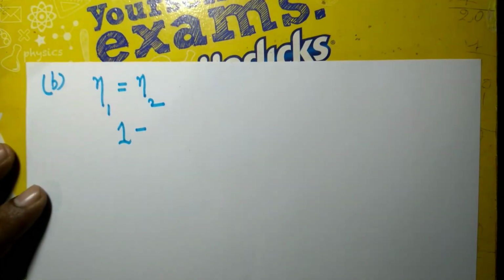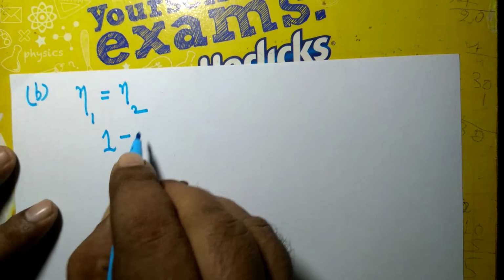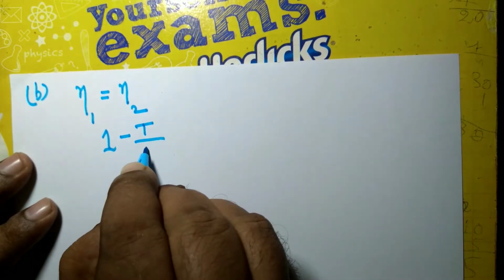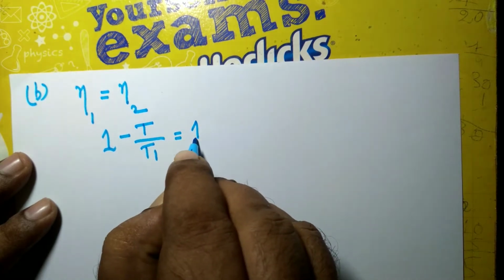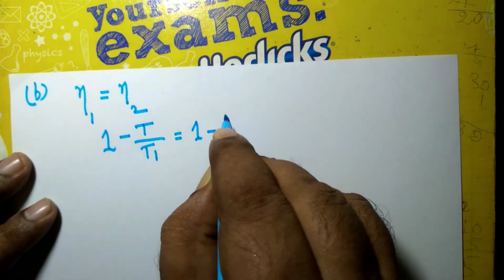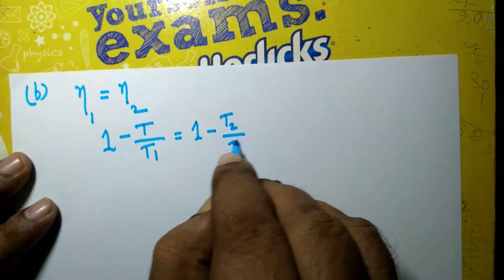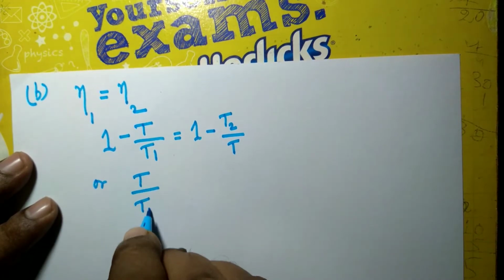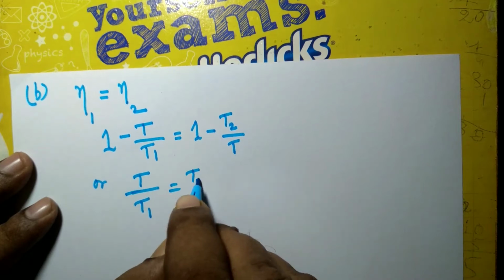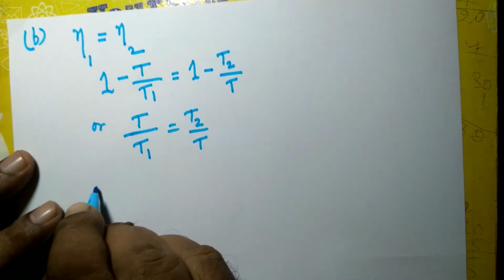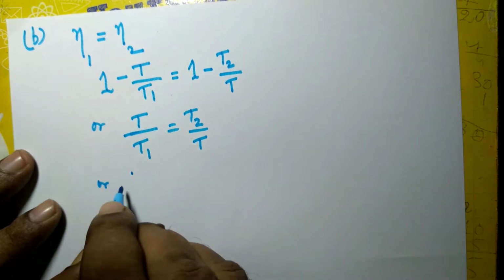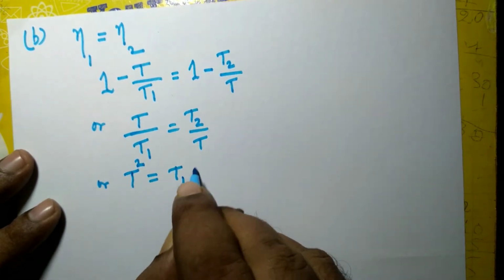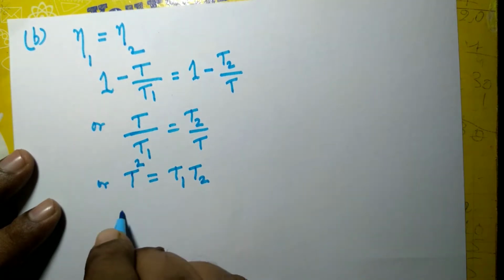So that's why efficiency 1 equal to efficiency 2 means 1 minus T upon T1 is equal to 1 minus T2 upon T. From this, I can write T upon T1 is equal to T2 upon T. On cross multiplication, we get T square is equal to T1 multiplied by T2.